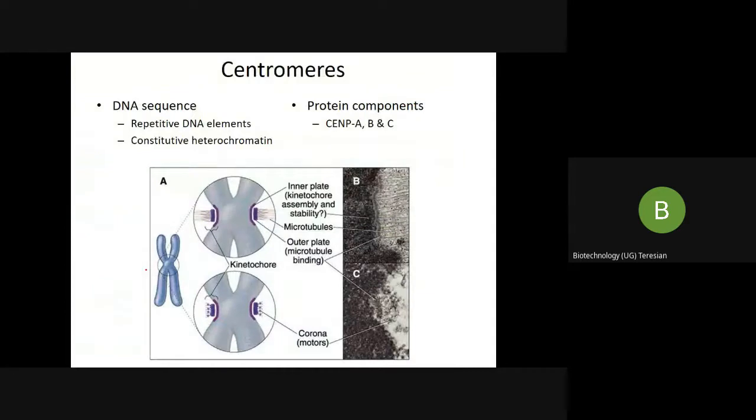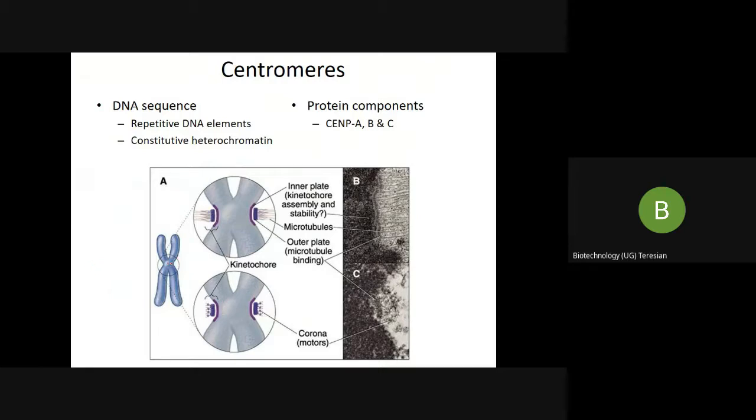Now we can look into the centromeres. We shall study about the centromere and the kinetochore. The centromere is a constricted chromosomal region at the center at which two identical sister chromatids of the metaphase chromosome are held together.